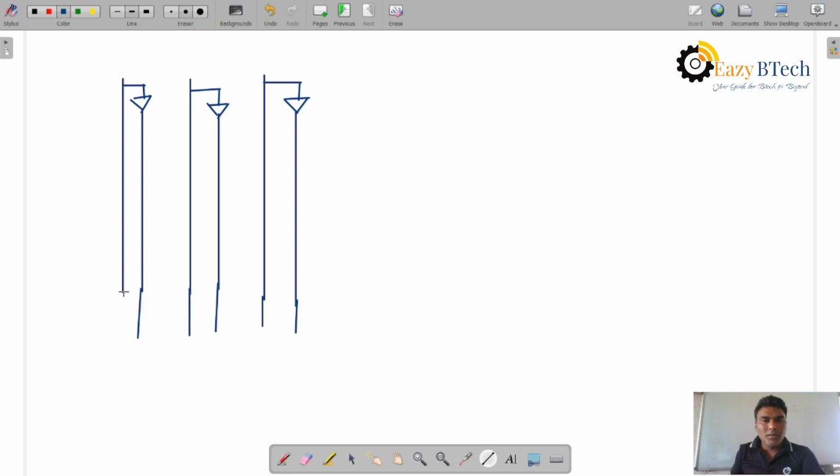Now how many fuse connections are here? There are 6 fuse connections here. Last class we already discussed this.